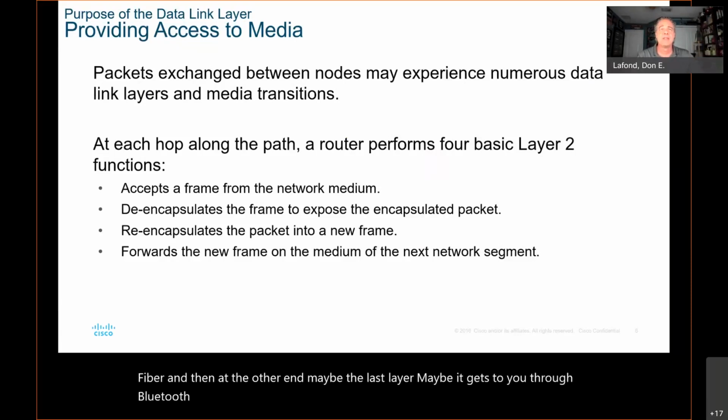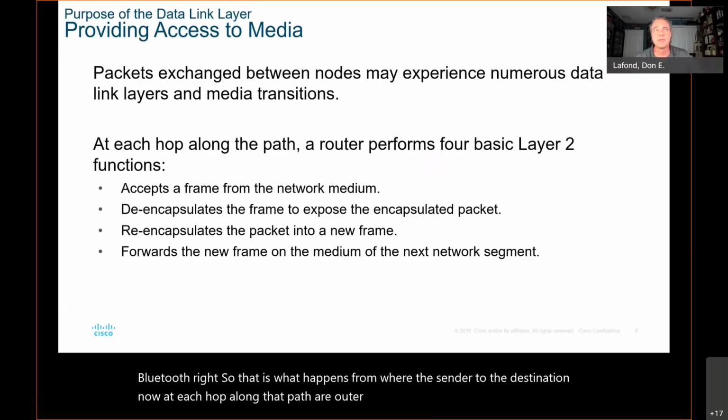So that is what happens from the sender to the destination. Now, at each hop along that path, a router performs 4 basic layer 2 functions.